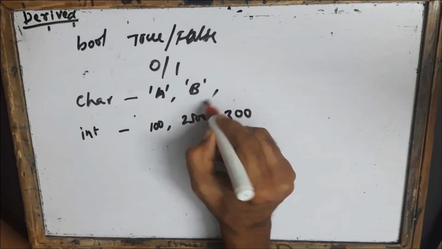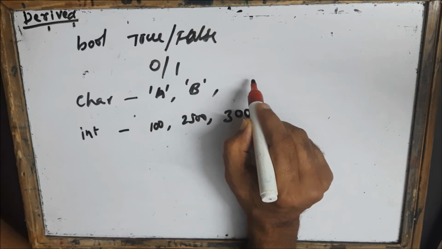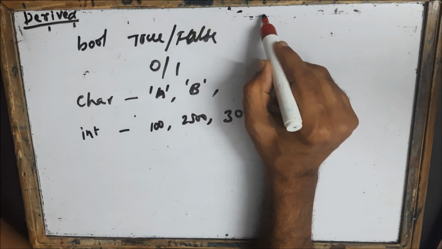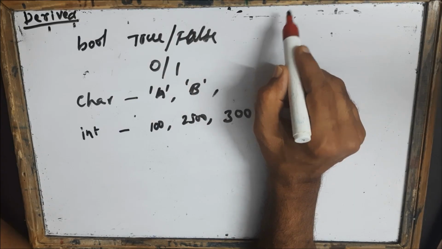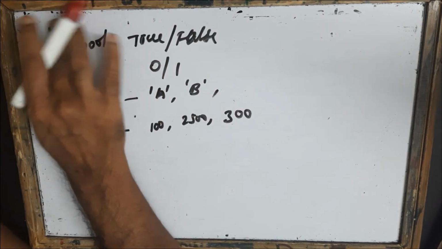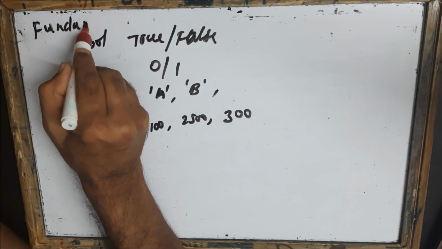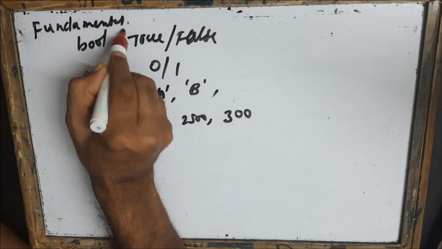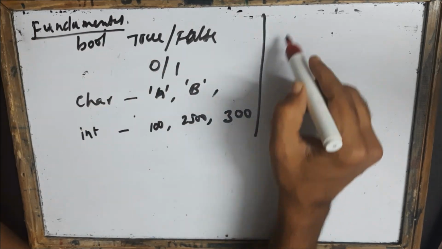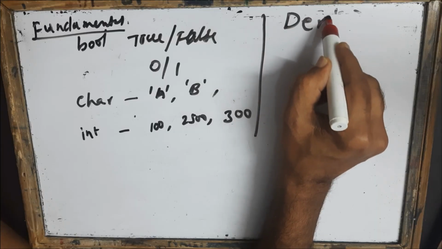And there's one more, character array. These are fundamental types, and there's one more category called derived.